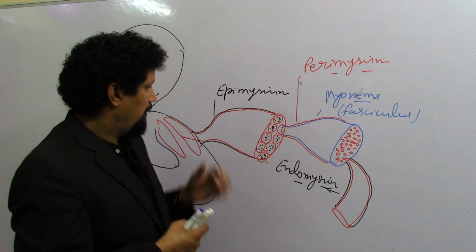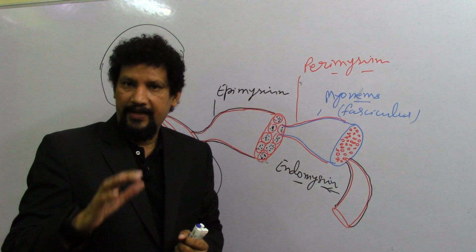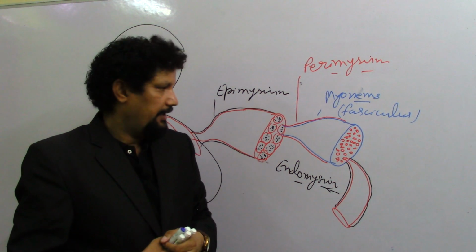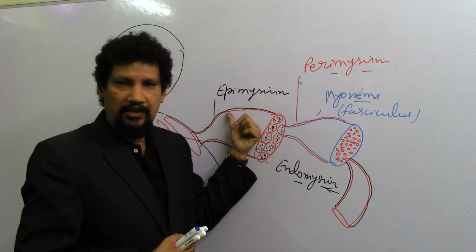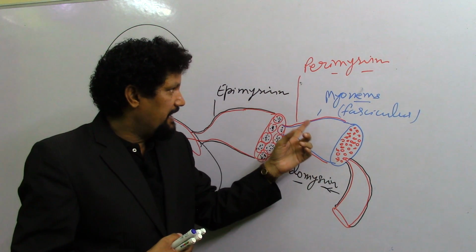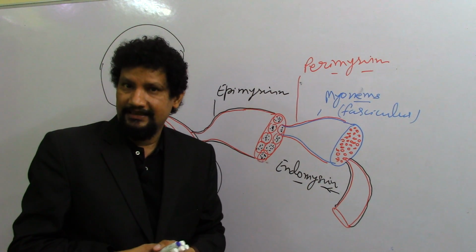So there are three types of layers at different levels of the sections of the muscles. Whole muscle is covered by the epimysium, fasciculus or myoneme is covered by the perimysium, and a single muscle fiber is covered by the endomysium.